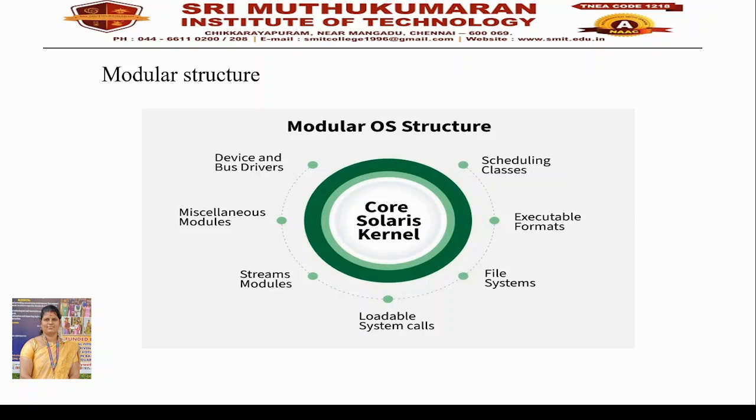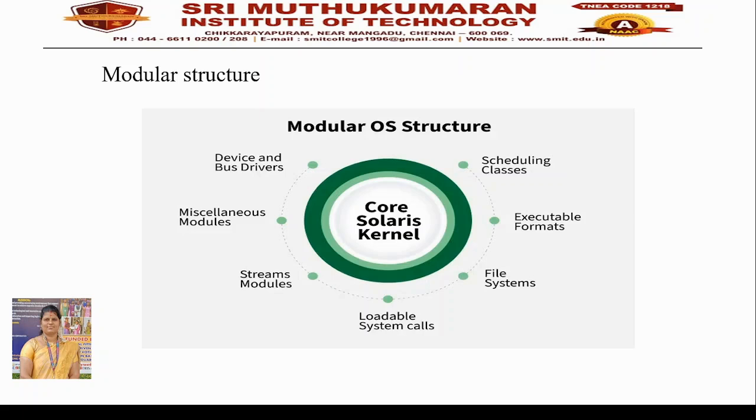The scheduling classes decide how CPU time is shared, for example time sharing scheduling. Then executable formats. Executable formats define how programs are loaded and run. Then the file system. The file system provides services that programs request from the operating system. Then we come to the stream modules.